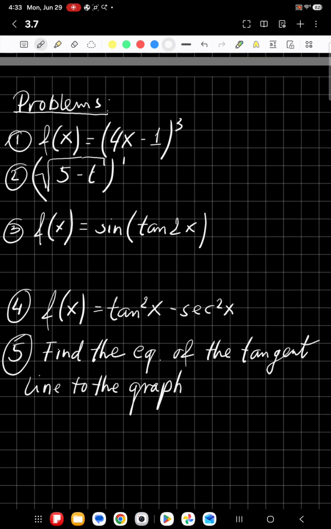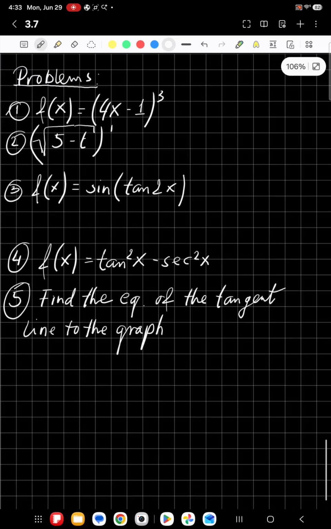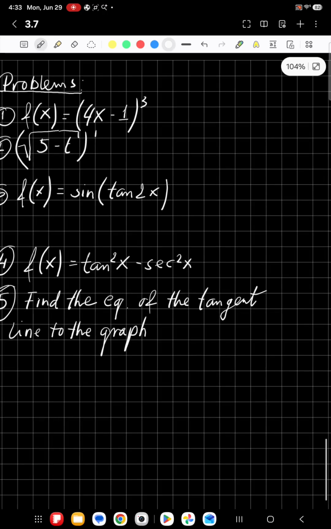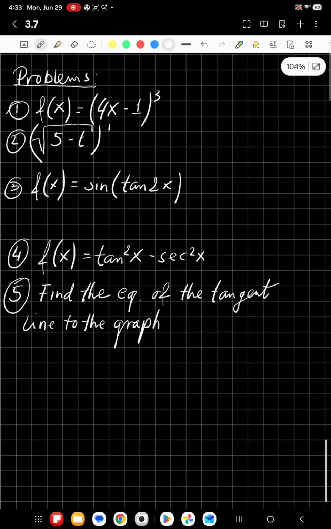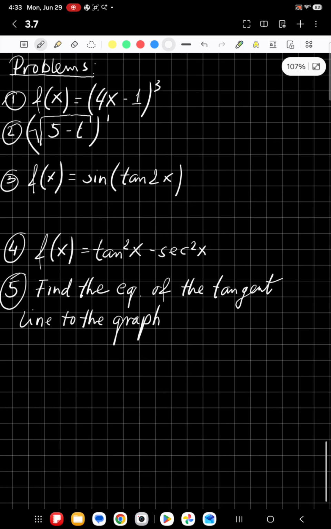Right, so this time you're not only finding the slope as we did before. We found the derivative at a certain point, so that's the slope. But here you also need to find the rest of the equation.